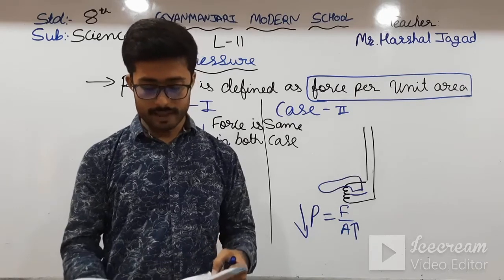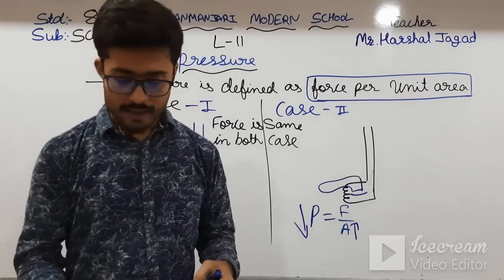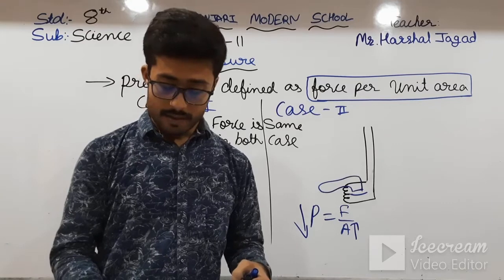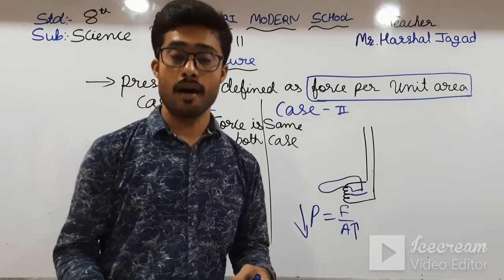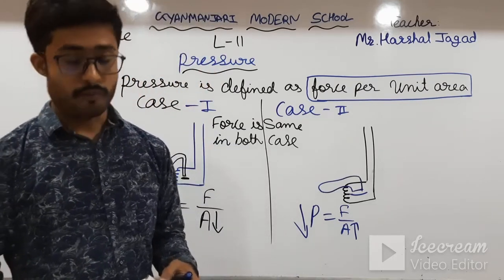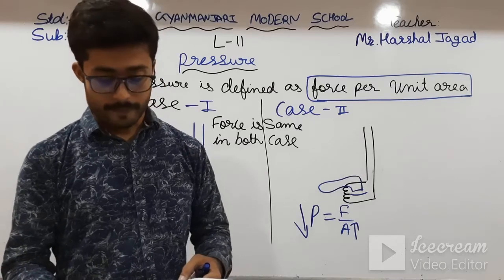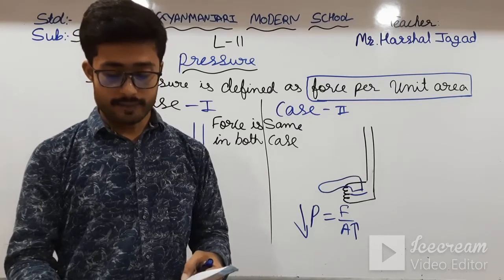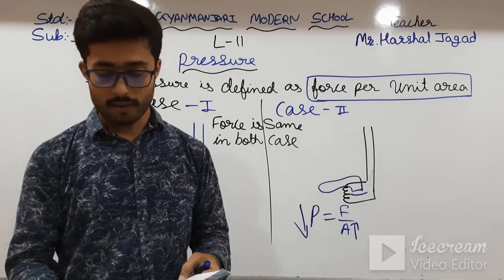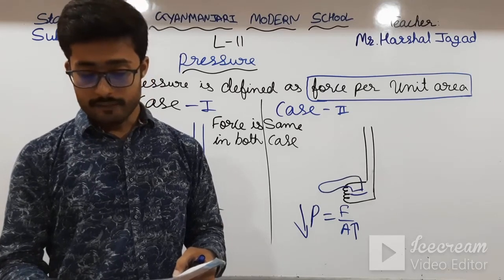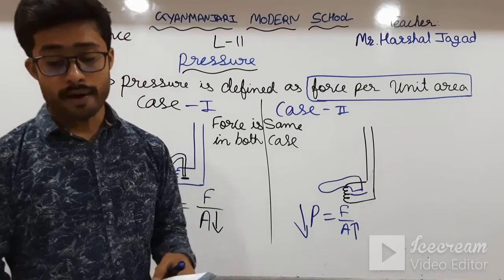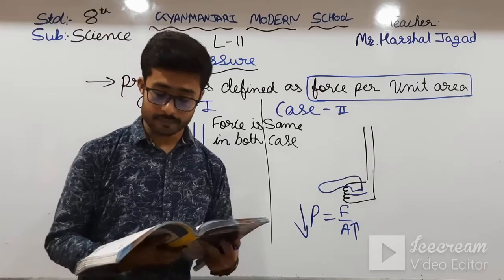Atmospheric pressure is defined as the pressure exerted on an object by the weight of the air above it.